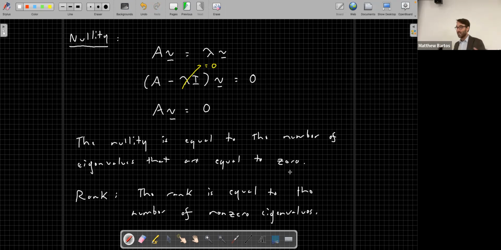Okay, so this is an important identity. Typically, when I think of the rank of a matrix, I almost always think about it in terms of the eigenvalues, because any diagonalizable matrix can be written as that sum of outer products of different directions scaled by those scaling factors determined by the eigenvalues. So when I think of the rank of a matrix, I'm usually thinking about it in this way. So this is a kind of important concept to wrap your mind around. The rank of a matrix is equal to the number of eigenvalues that are non-zero.